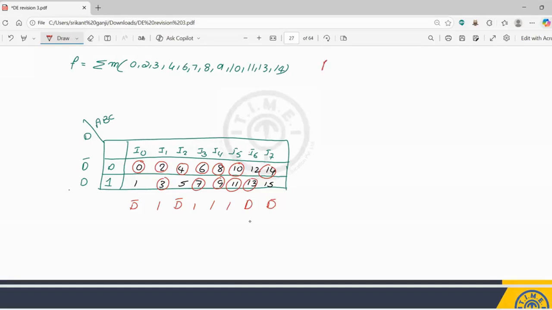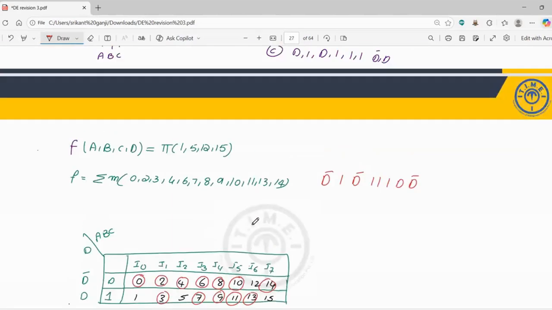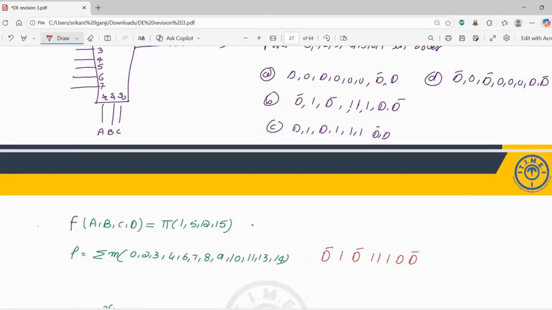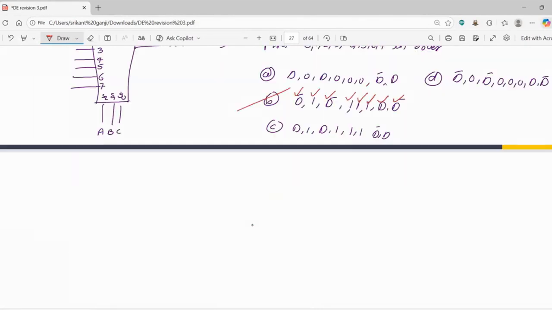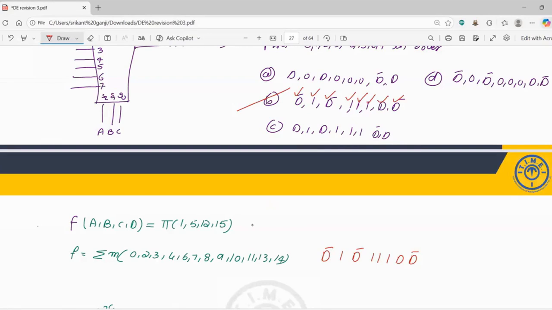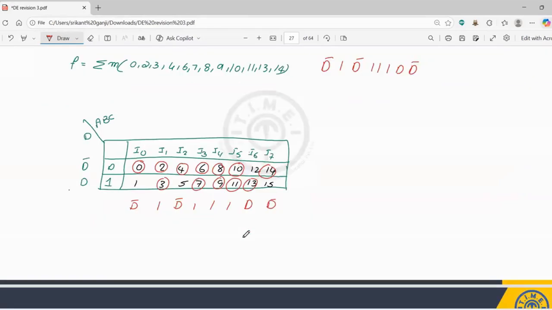So the answer is D bar, 1, D bar, 1, 1, 1, D, D bar. Yes, B option is correct. Okay, like this you can solve the problems, right?